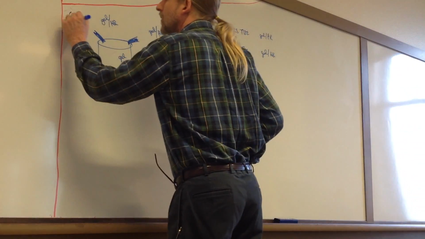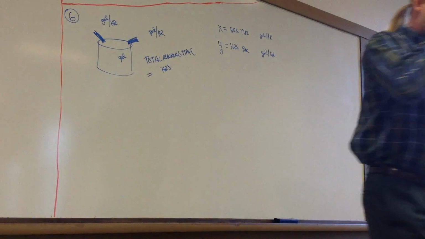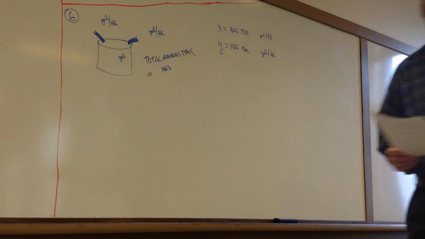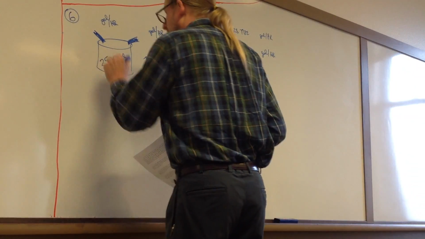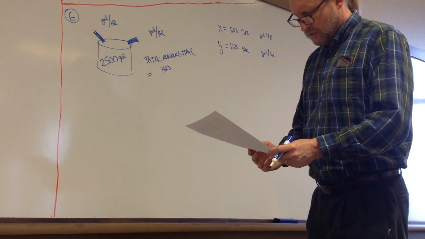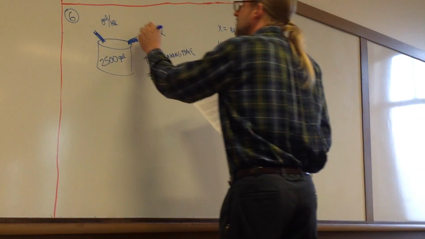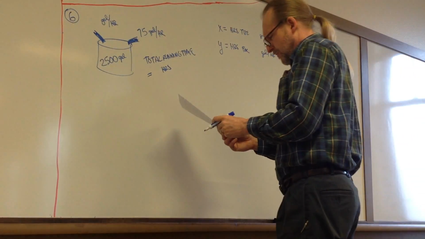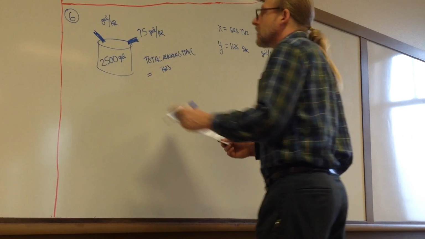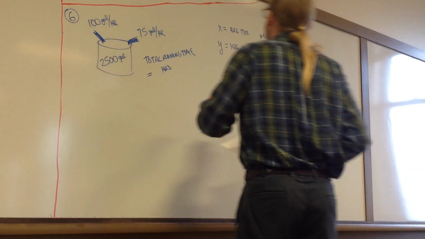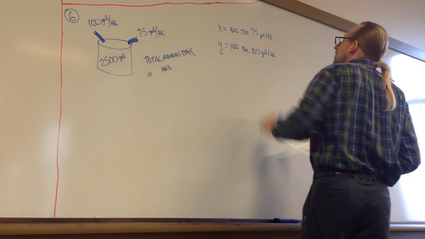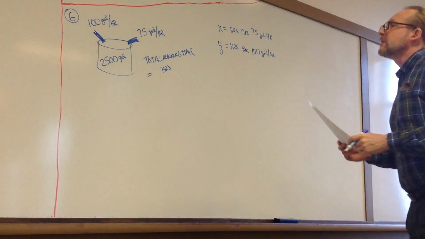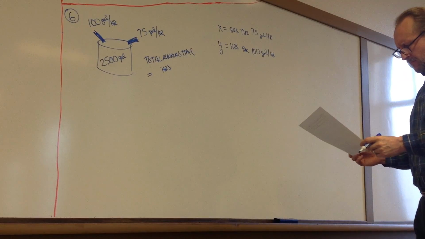Okay, so problem 6. Let's see, in this one, the water tank is 2,500 gallons, and the 2 spigots are 75 gallons per hour, and the other one is 100 gallons per hour. So we'll make X the 75 gallons per hour, we'll make Y the 100 gallons per hour.